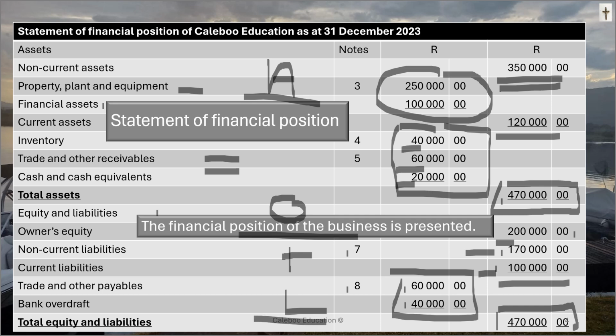And if you did want to calculate what the owner is worth, you could play around with these numbers here, but the owner is equal to the total value of his assets, less the total amount of money owed, liabilities. It's very interesting, but they change the way this is laid out. They start with assets, then they do equity and liabilities.